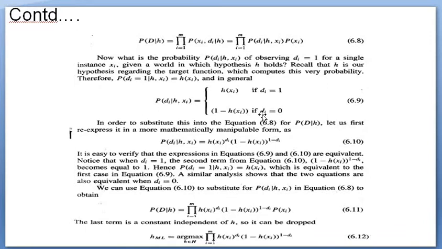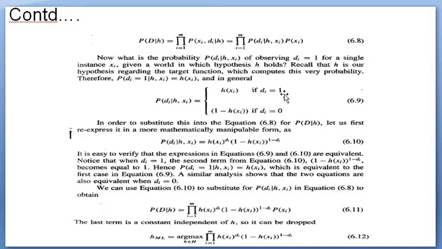Otherwise, when di is 0, because we know the di value ranges from 0 to 1, P of di given h comma xi gives the value 1 minus h of xi. If it is 1, we can directly write it as h of xi. So you can easily remember it like this: whenever the di value is equal to 1, that means we want it as a target hypothesis.